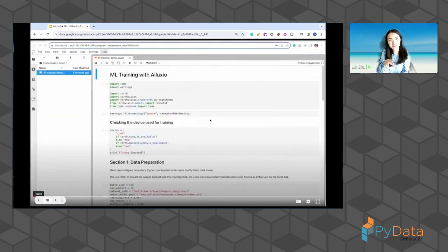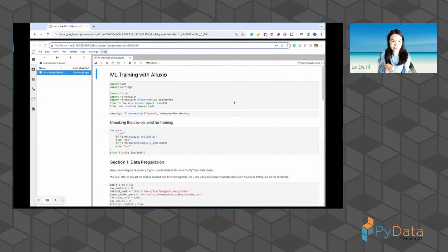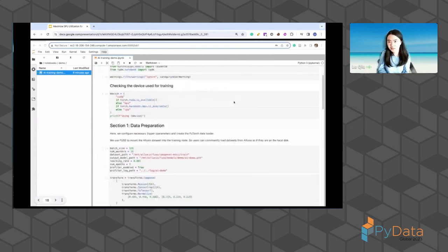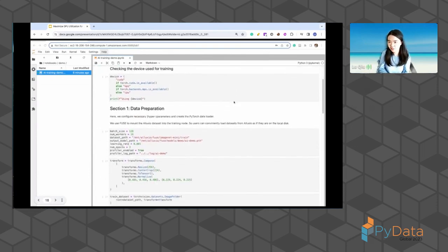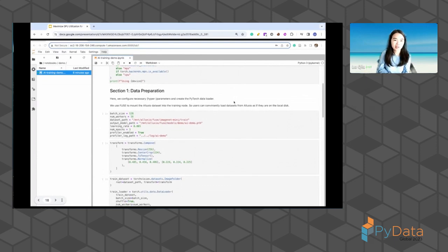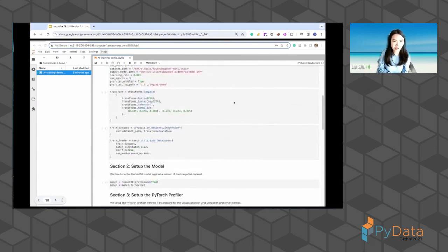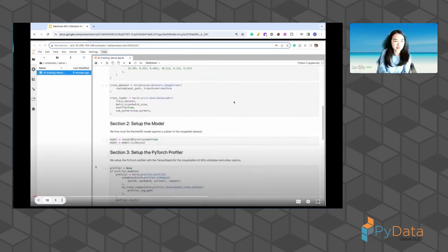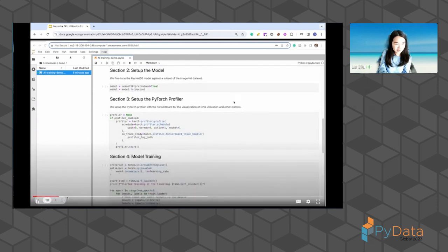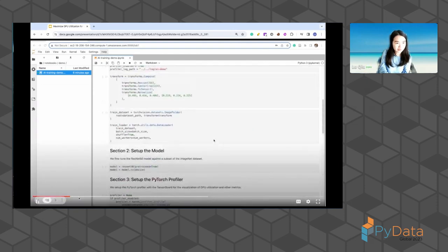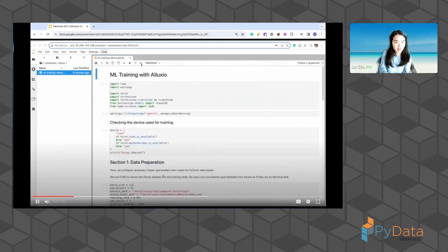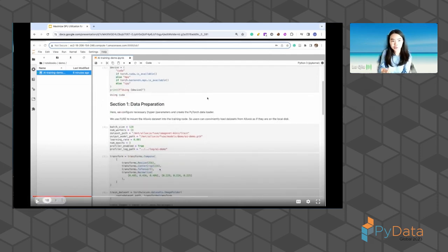This is the script we use to do the AI and machine learning training. It's pretty standard, just similar to how you would run ResNet-50 on ImageNet. Everything is pretty standard. Now we start running the benchmark. One critical point here is the data preparation.